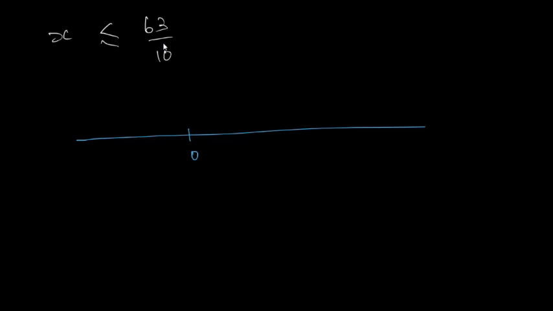So 63 by 10 means 6.3 around, and this is plus infinity, and this one is minus infinity. Got it? Now we need to identify this is less than or equal to. Because it is less than or equal to, you put a closed point here, and starting from 0. So less than or equal to, this is the number line.